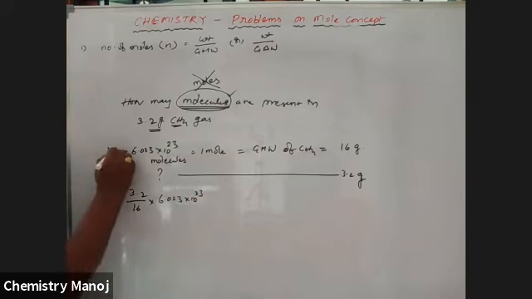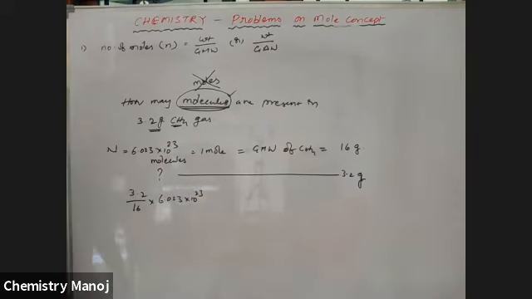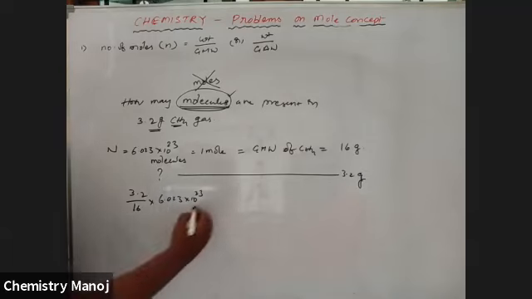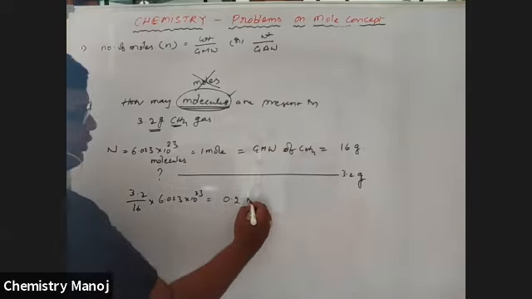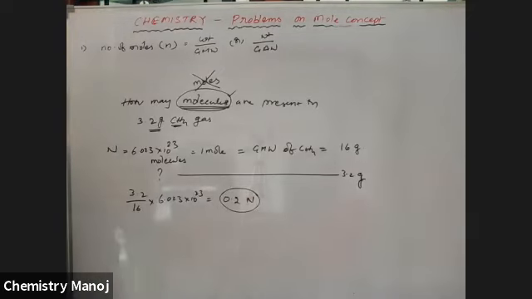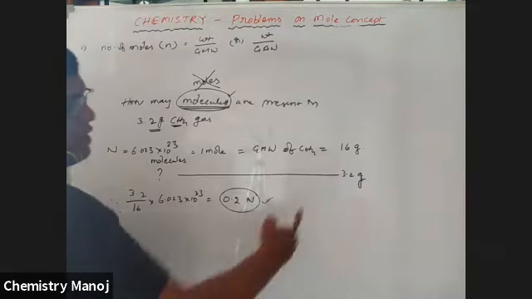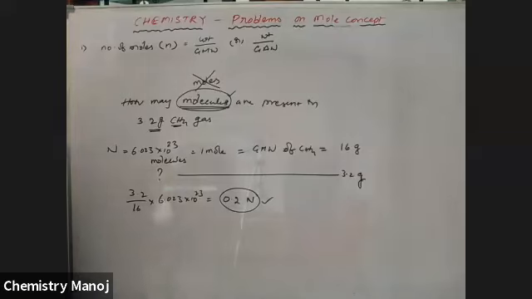This value is taken as N. So how much is this value? It is 0.2 into N. So this 0.2 into N is the number of molecules present in 3.2 grams.